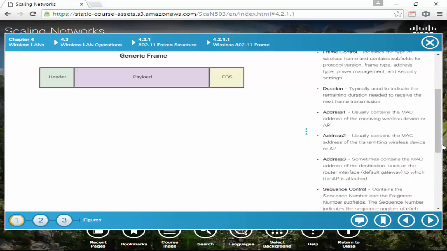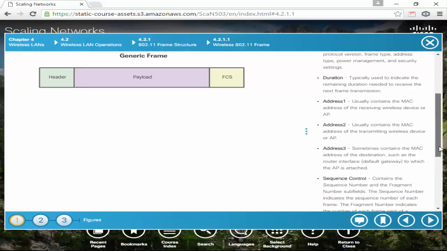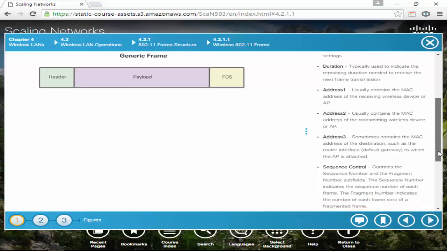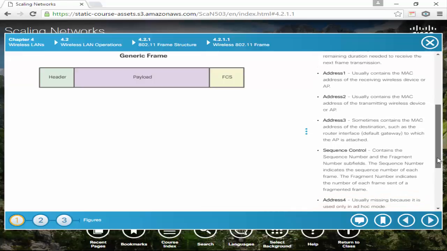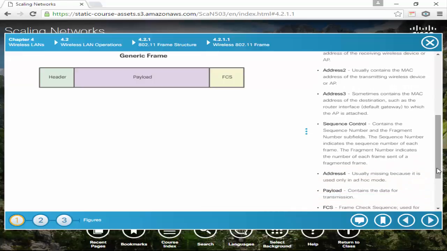Address 1 usually contains the MAC address of the receiving wireless device or AP. Address 2 usually contains the MAC address of the transmitting wireless device or AP. Address 3 sometimes contains the MAC address of the destination, such as the router interface, aka the default gateway, you guys already knew that, to which the AP is attached. Sequence control contains the sequence number and fragment number subfields.